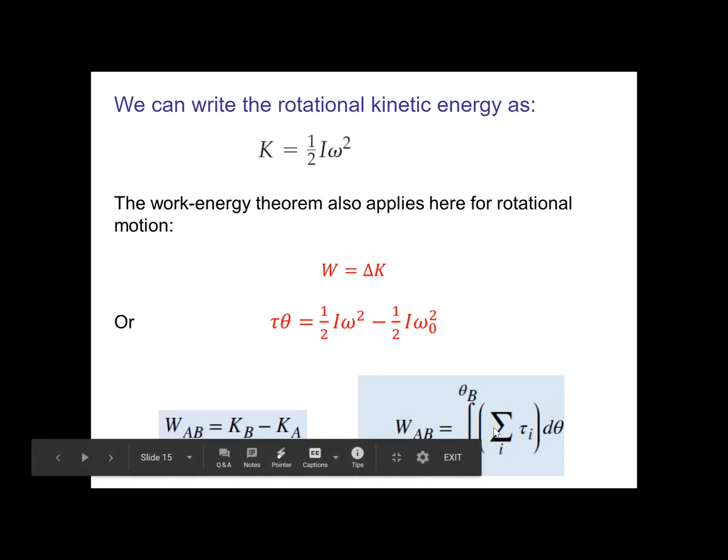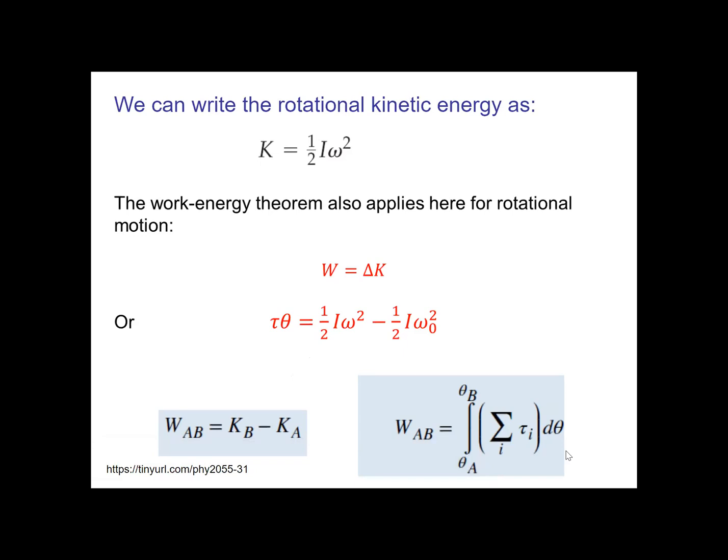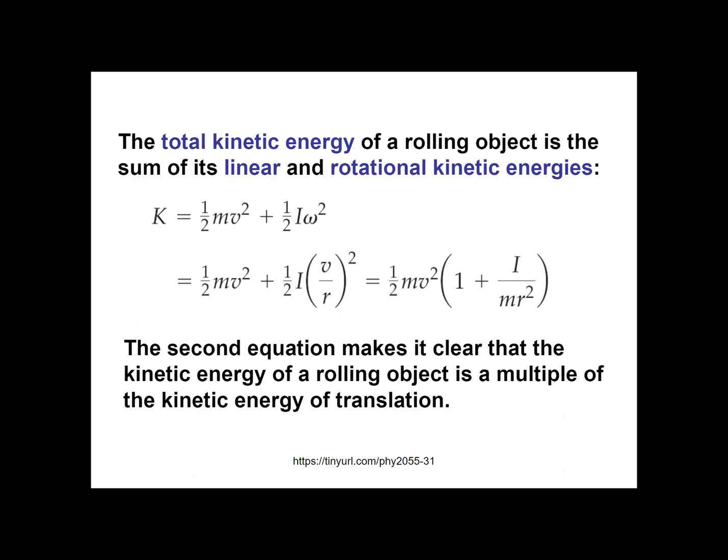So if the net torque is varying with theta, then you'll be doing integration from the initial angle to the final angle, or initial angular position to the final angular position. And that usually involves varying forces as well.